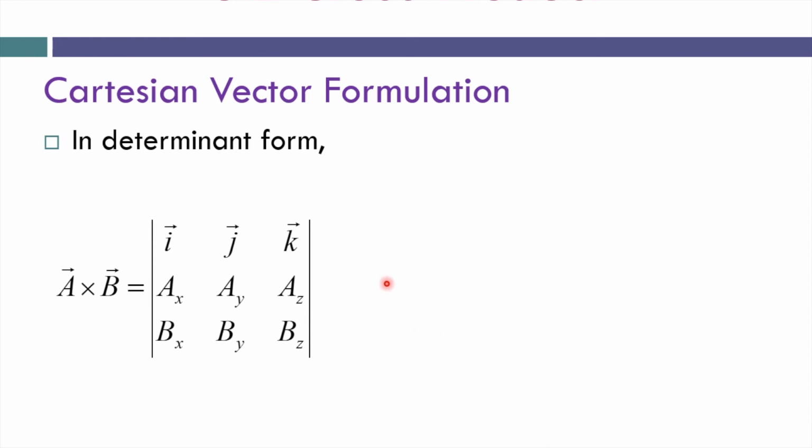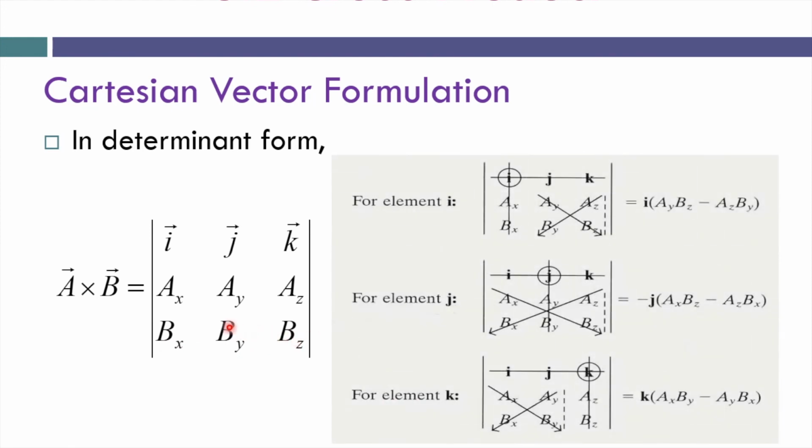For the cross product we can use the matrix form: i j k, ax ay az, and bx by bz. When it involves i, we won't take these elements; this line will be blackened.